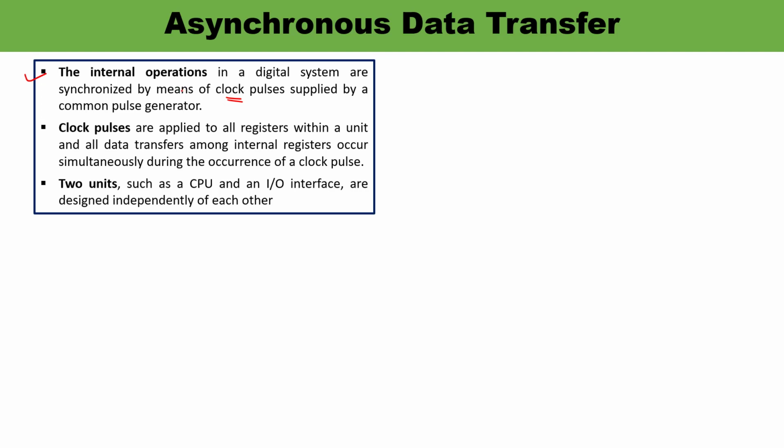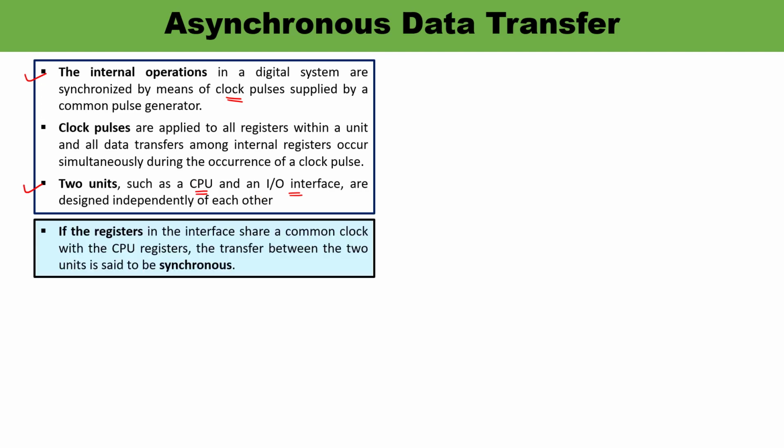Now, to understand it in more detail, let us take two units of any digital system: one is the CPU and the other is the IO interface. If these two units are designed independently, the registers related to the IO interface and the registers related to the CPU, if these two units share a common clock, then that type of data transfer is known as synchronous.